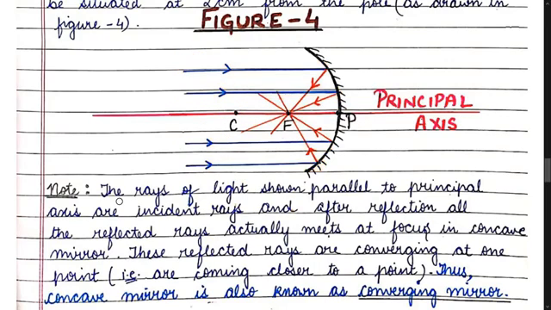When these incident rays strike the mirror, they get reflected, and after reflection, all the rays pass through the focus of the mirror. See all the reflected rays and their arrows. The arrows are shown towards the focus point. All the arrows in figure number 4 which are going towards focus represent reflected rays.